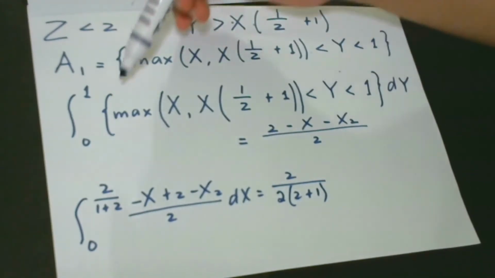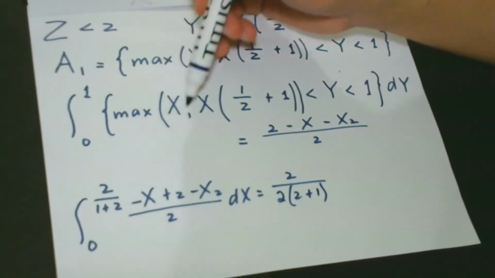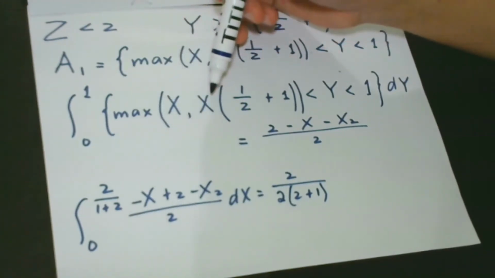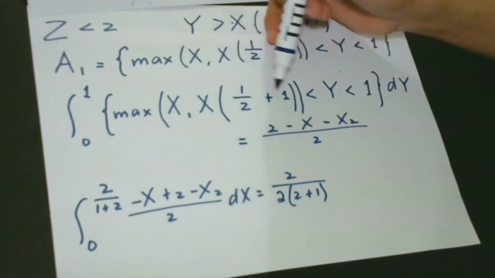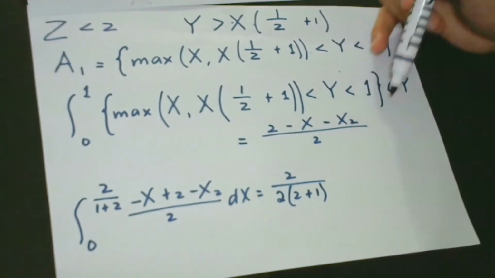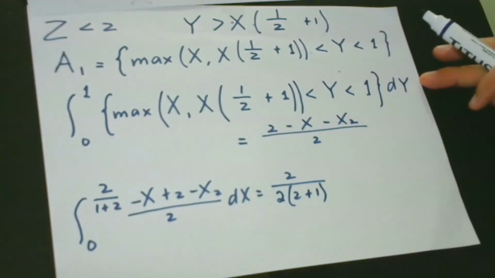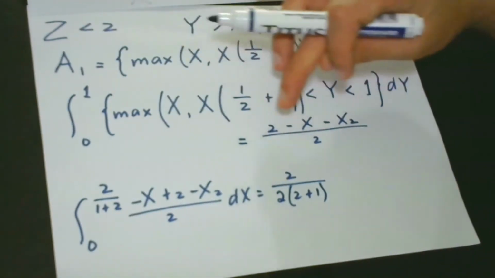So the maximum is x 1 over z plus 1, which is less than y less than 1, derivative x. And if we compute this one, we could get this, which is z.